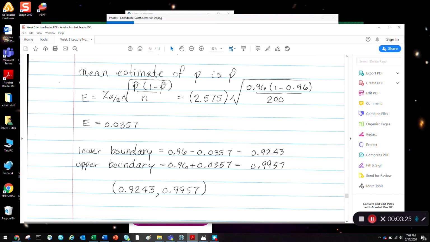And 99% of the time when we get a sample that had this 96% good computers, it would result in this confidence interval for us. That's doing it the long way.